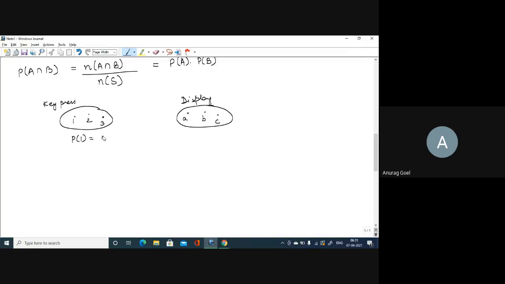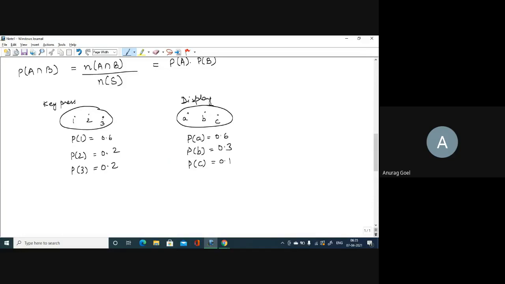P of 1 is, let's say, 0.6, P of 2 is 0.2, and P of 3 is 0.2. You can see the sum of these should be 1, as these are all the events of this sample space. Similarly here, P of A is 0.6, P of B is 0.3, and P of C is 0.1. The sum is 1, right?